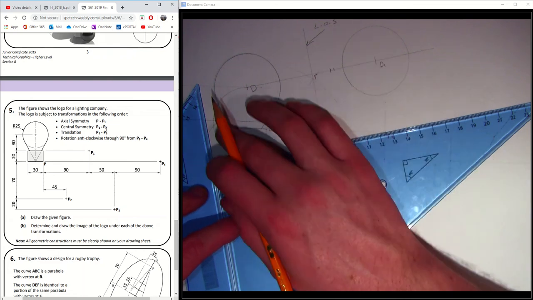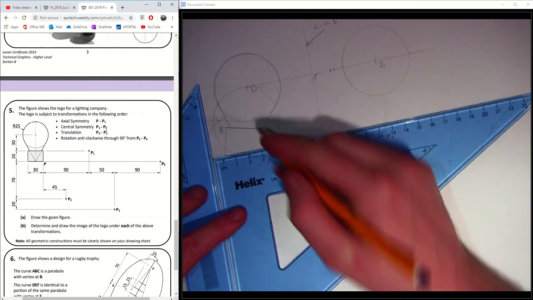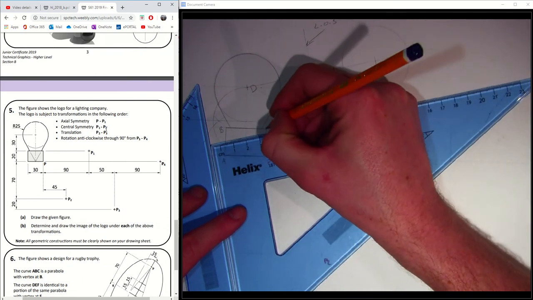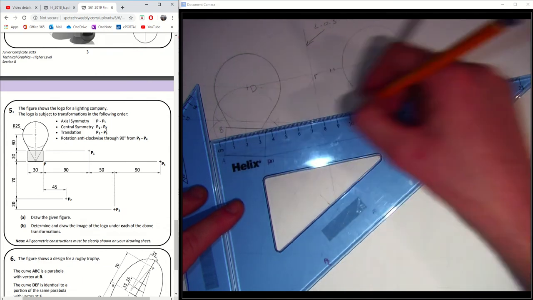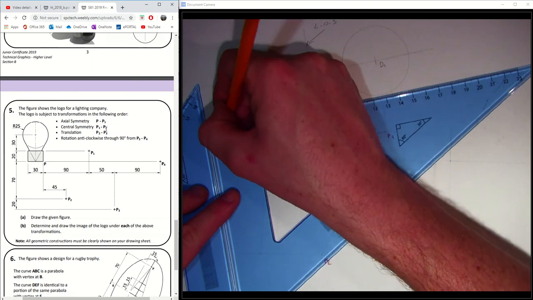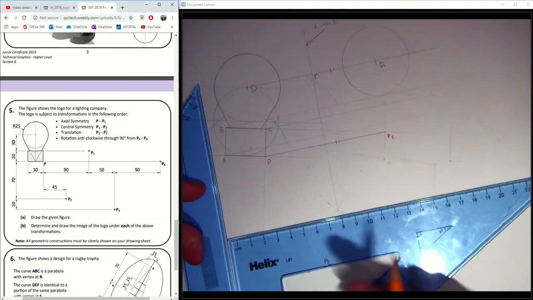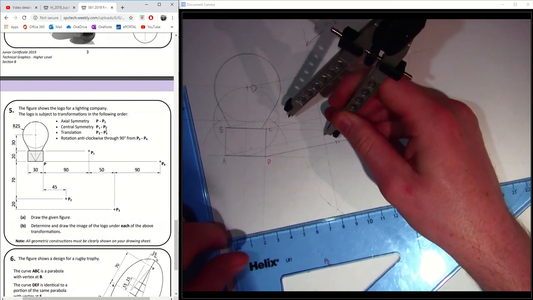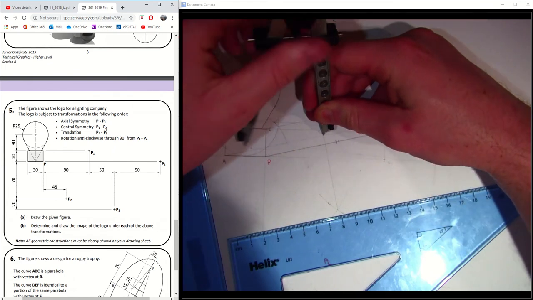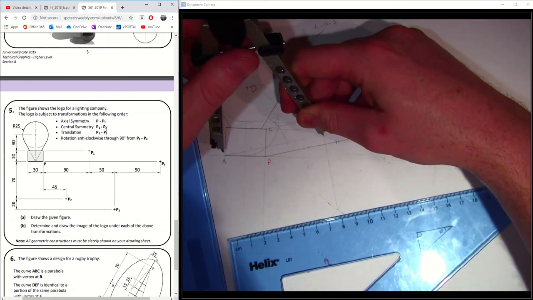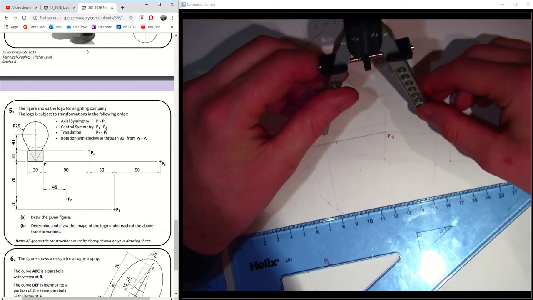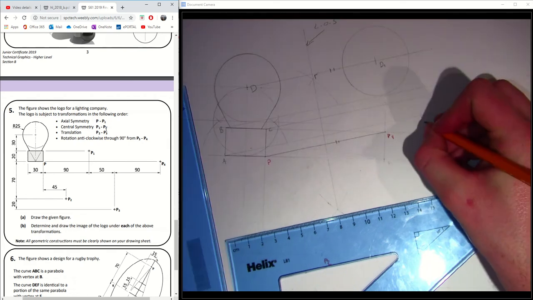So now I want to do the same for the rest of my points. I want to get a distance for A, for C, and to transform C and B. Okay, so there we go. Same point: for A, I'm going to put my compass on the line of symmetry, and I'm coming across to A. I'm getting that distance and rotating it around, and that's going to get me A1.